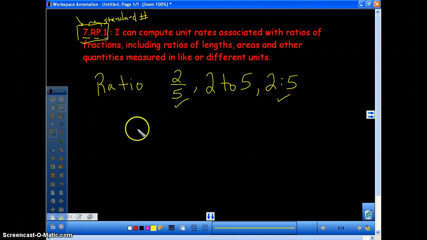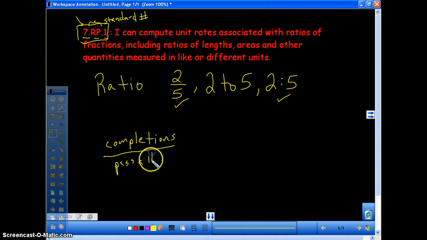Ratios generally have something attached to them, and that's what we're talking about as far as quantities measured with like or different units. So for example, thinking of football right now, a quarterback can have a ratio of completions to incompletions or completions to total passes, and that's what we usually see. So for a quarterback, we want to see how many completions out of their pass attempts.